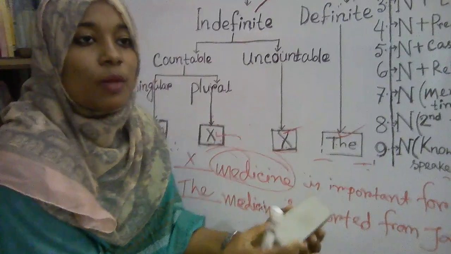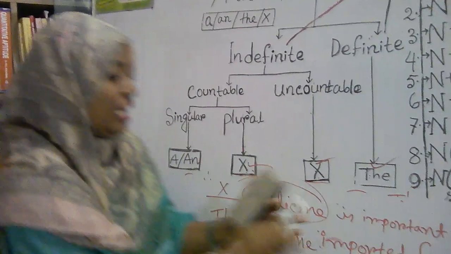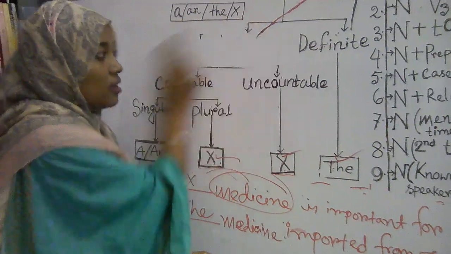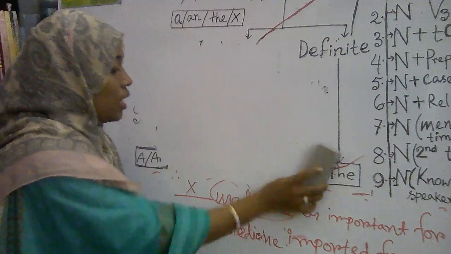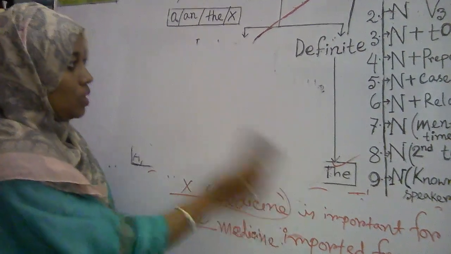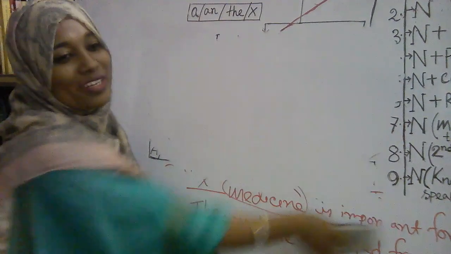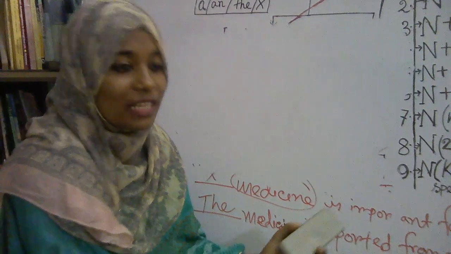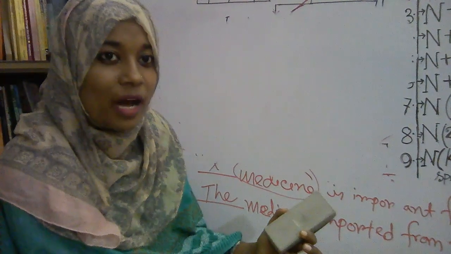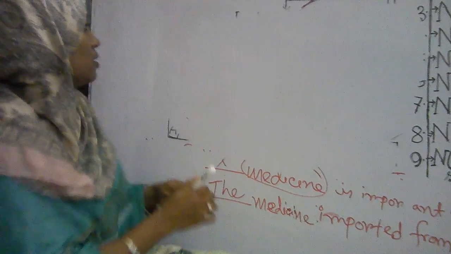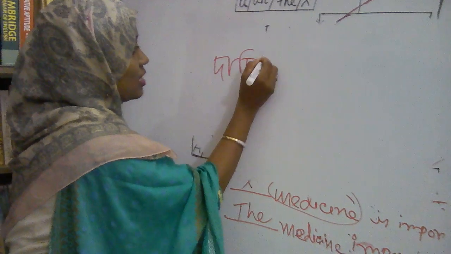Now, last but not the least, I would like to share one thing with you before I leave. Some people pronounce the word the as thee, and some people pronounce it as thuh. Today, if you ask me which one is correct, I will tell you both are correct, both are right. But how? Let's see with a very simple clue.